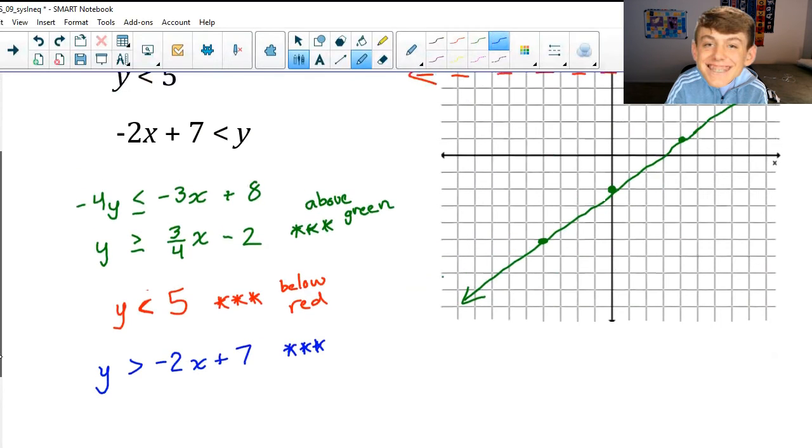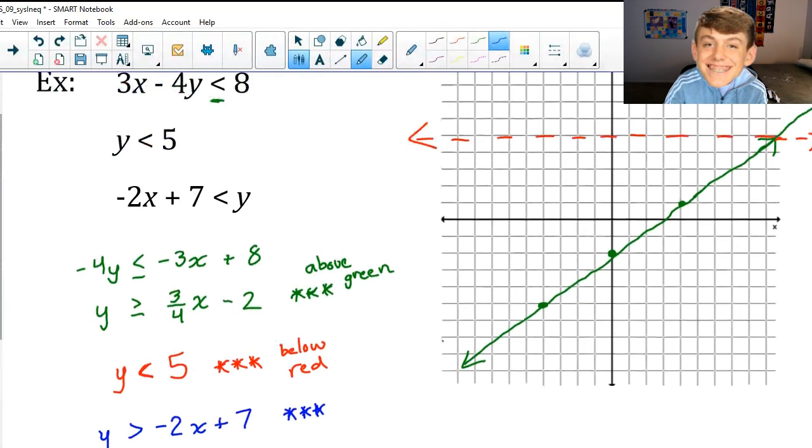So plus 7, 5, 6, 7 is my y-intercept. Negative 2, so down to the right 1, down to the right 1, down to the right 1, down to the right 1, down to the right 1. It is y greater than, so just a dashed line.